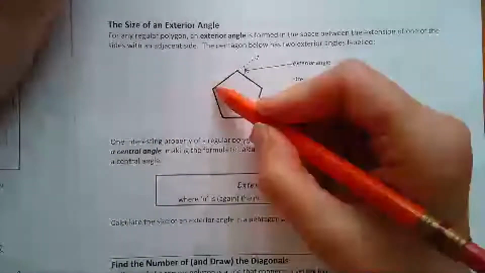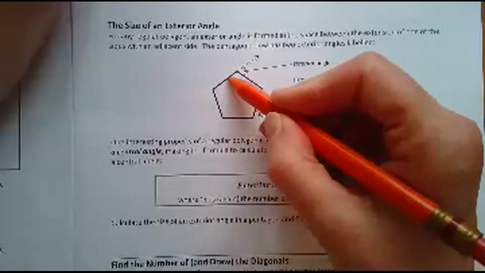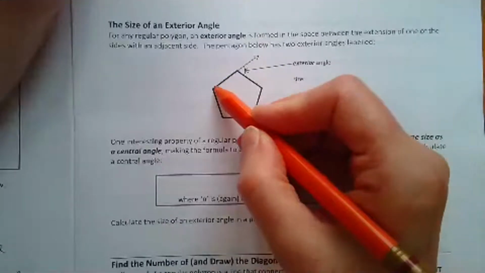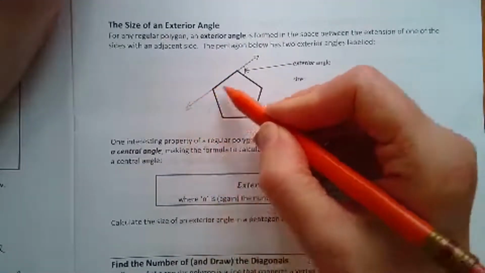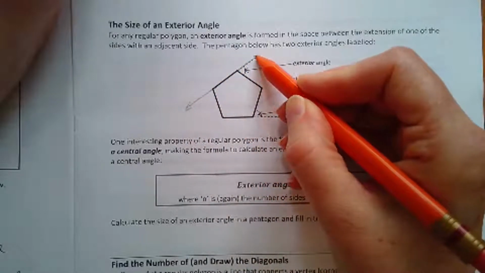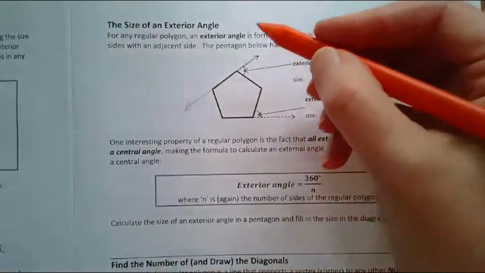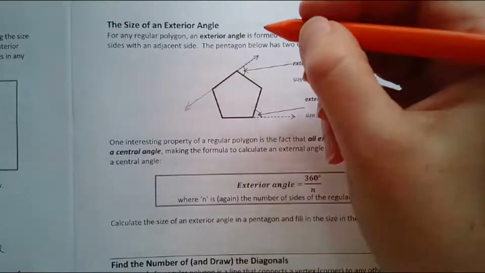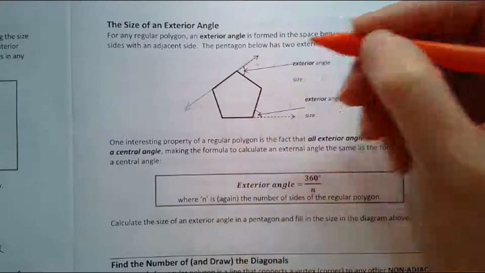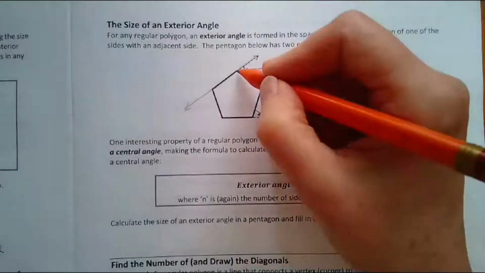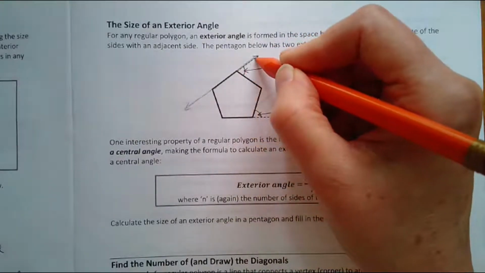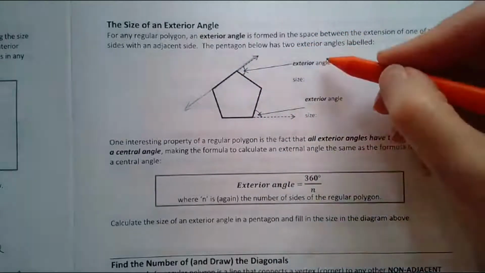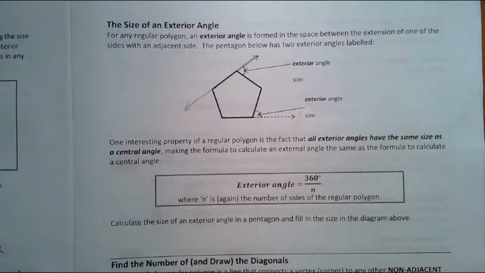If I took any side of the shape and just continued the side and kept drawing it, on either side, though in the diagram they've extended it here, if I extend any one of the sides of a polygon, it automatically creates another angle, with the extended side, the extra part of the line, and the polygon itself. So that's called an exterior angle.